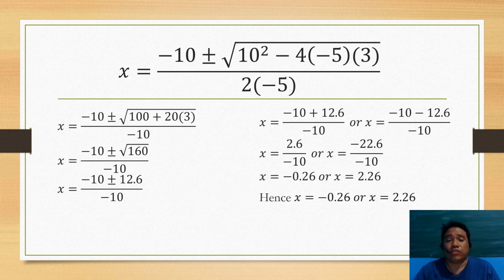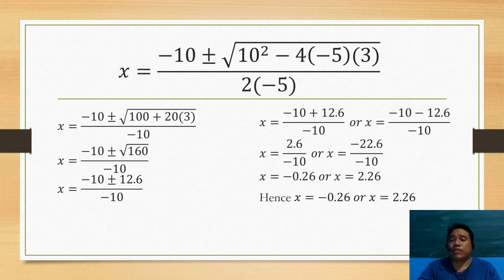So x is equal to negative 10 plus or minus the square root of 160, which is 12.6 using our three-figure table, all over negative 10. Now this plus or minus means that we're going to have two possible solutions, so we're going to split it up.